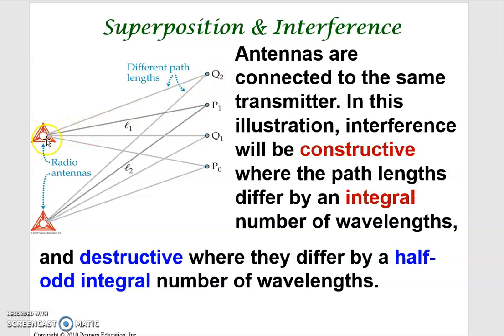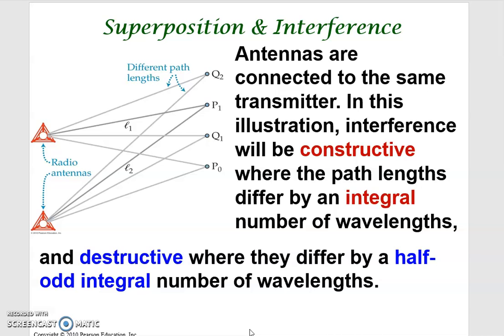When you observe the wave propagating from the 2 different sources, the wave pattern you observe is different depending on the position. So here, the constructive interference happens at P0, P1, and P2, and so on, continuing in these directions. And the destructive interference happens at the positions of Q1, Q2, Q3, and so on, continuing upward and downward.